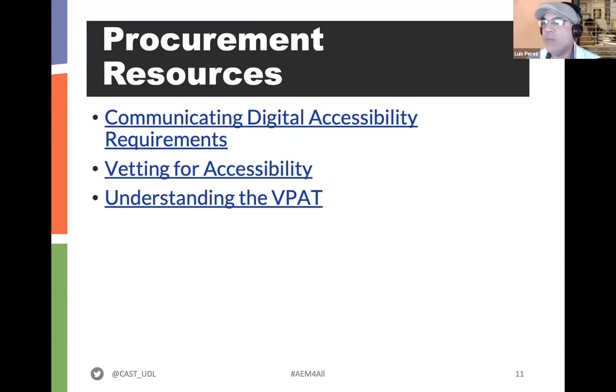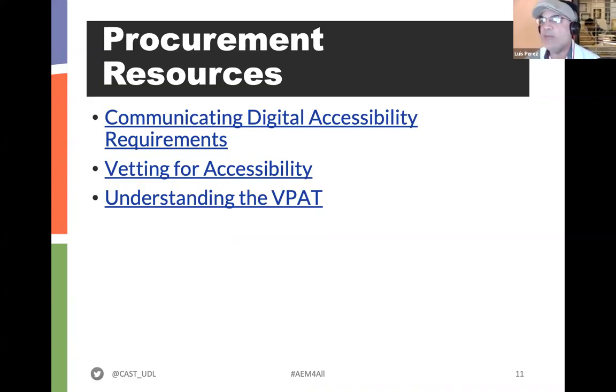I will open these up in my web browser in a second and give you a quick tour. When you're starting those conversations with vendors, this is a great place to go. There's some sample language, and also information about what you can ask the vendors and what the different standards are. It's a good one-stop shop for a lot of that digital accessibility information.